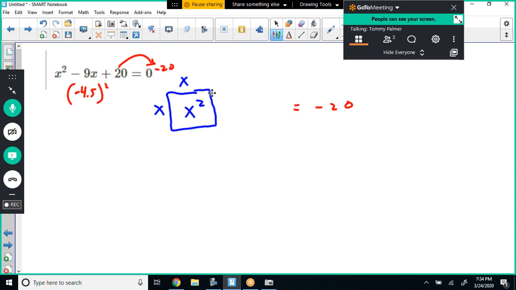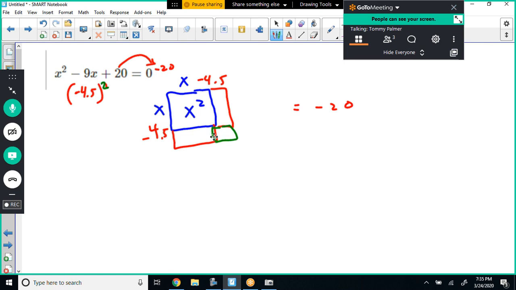So when it says take half of it, really what you're doing, and I'm just going to do it with these blocks, this right here is really minus 4.5, right? So when you complete the square, you square this negative 4.5.